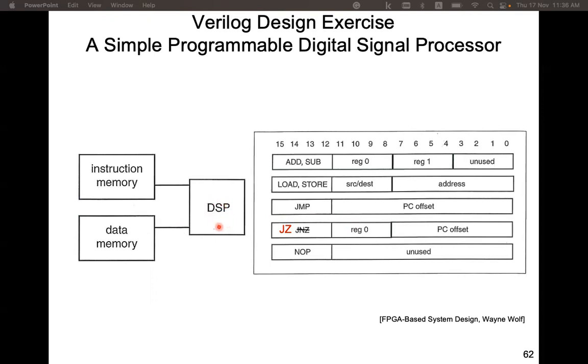This DSP is not pipelined, and it should not be considered as an exercise in high performance CPU design. However, this design allows us to go through the basic elements in a microprocessor.